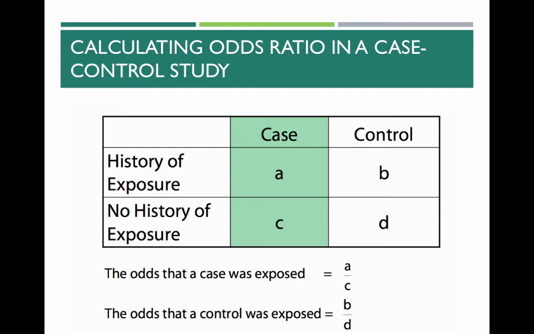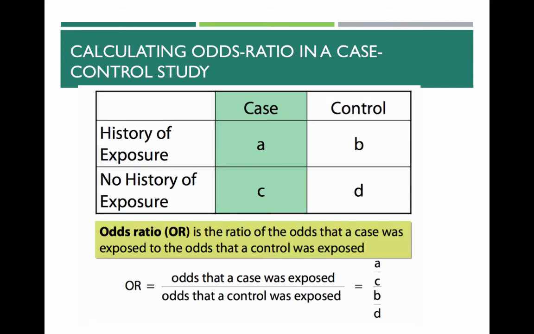So the odds that a case was exposed is A divided by C, and the odds that a control was exposed is B over D. The odds ratio then is the ratio of the odds that the case was exposed to the odds that a control was exposed. So again, we're just using simple division here. A over C divided by B over D.